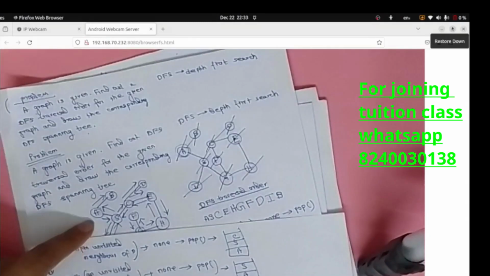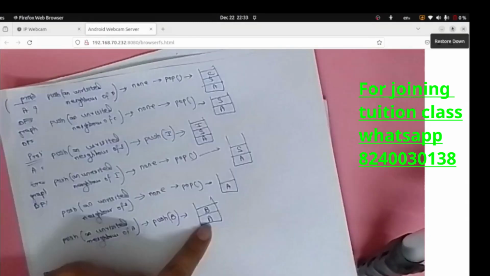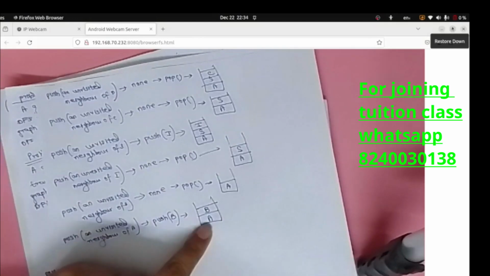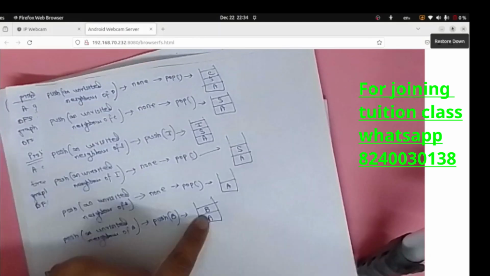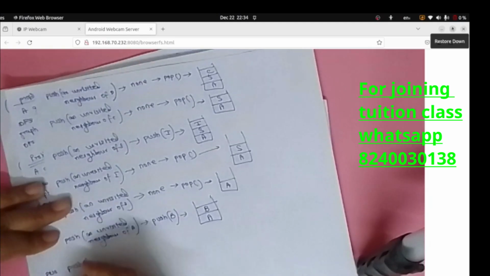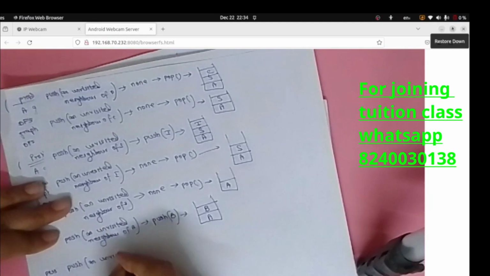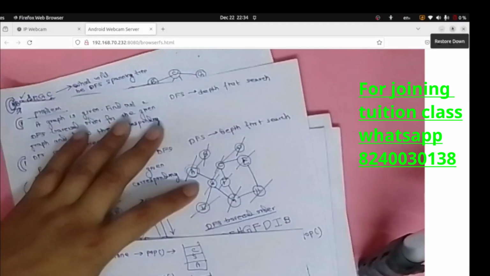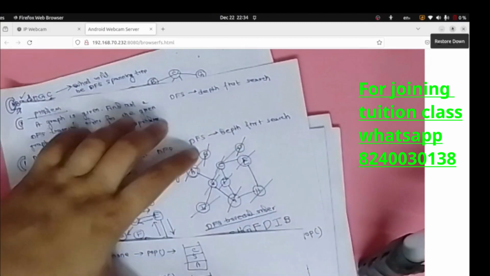So now the stack content is this. What will be the operation? That will be related to the topmost element B. So push an unvisited neighbor of B. You have to see the graph whether there is any unvisited member of B. See here, B has no unvisited member.